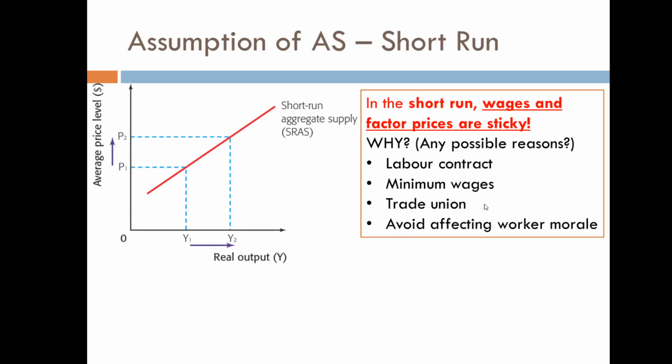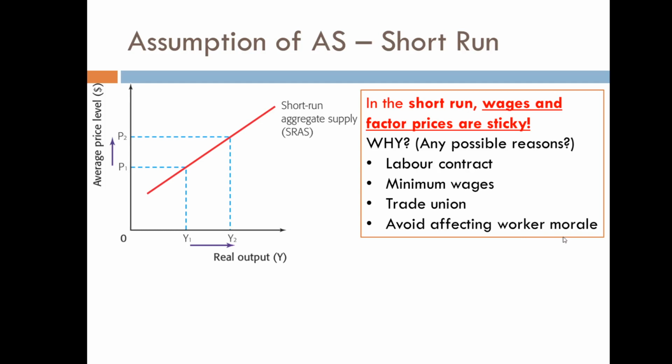Okay, and try to say, hey, we have to keep the wages at this level, and that's why there are also some influences which make this happen. All right. And when we look at the last point here, even sometimes when the price level is decreasing, you don't really want to reduce the wages at once because it will affect the motivation of the workers.